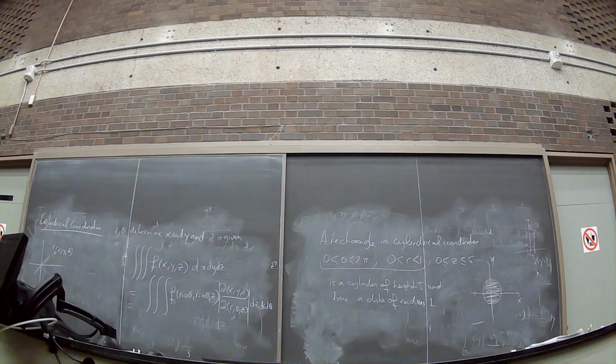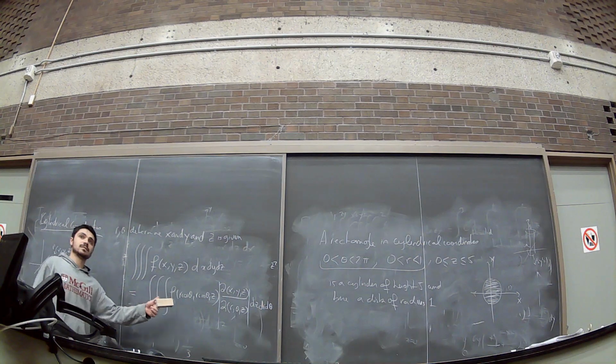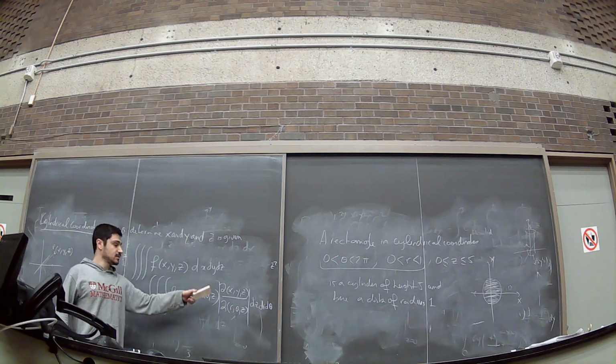Can you remind me when you know when to use the Jacobian technique? I mean, it's a change of variables, right? So what is dx dy dz?